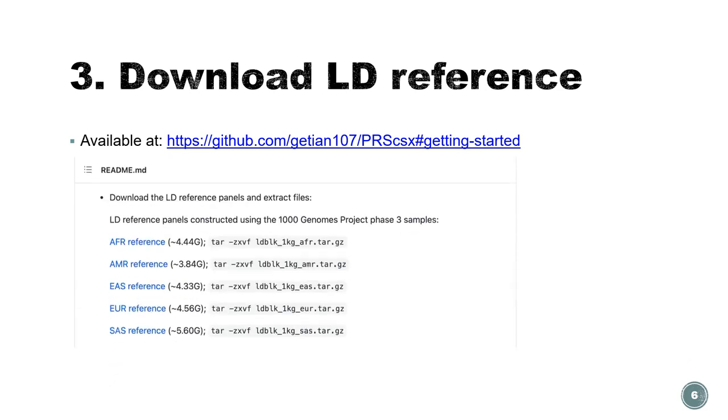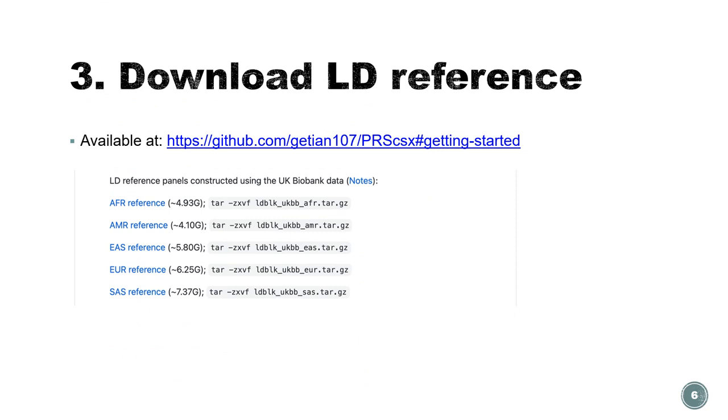Next, download the LD reference. We provide the pre-calculated LD reference panel links in the README Getting Started section. We have LD reference calculated from 1000 Genomes and LD reference calculated from UK Biobank samples.